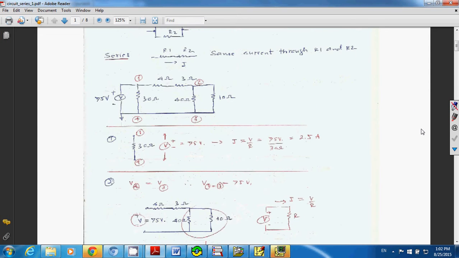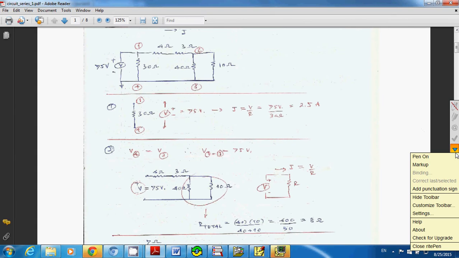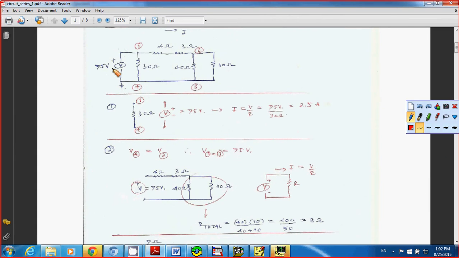Now take a look at the circuit. What I have here is the source voltage of 75 volts, and I put node number 1 here, node number 2, number 3, and number 4, just for reference.